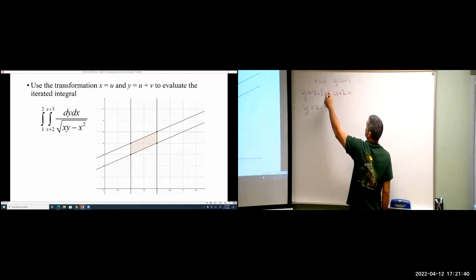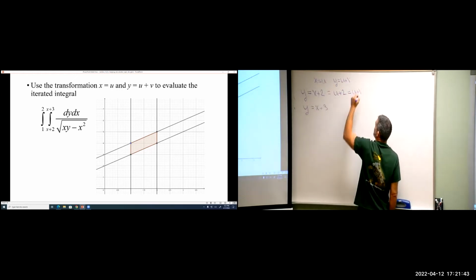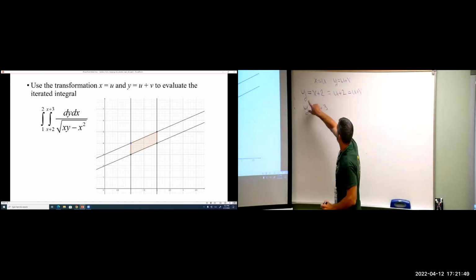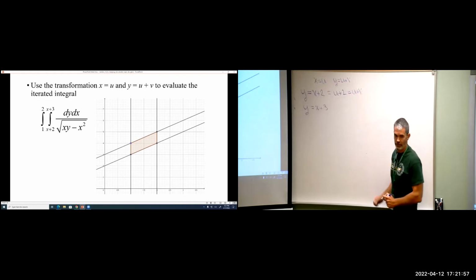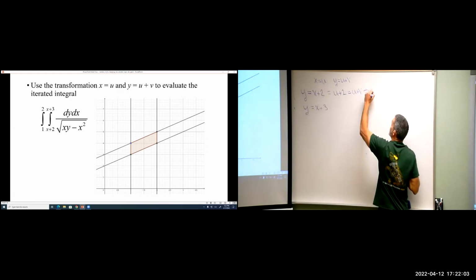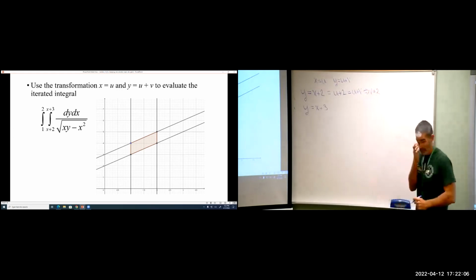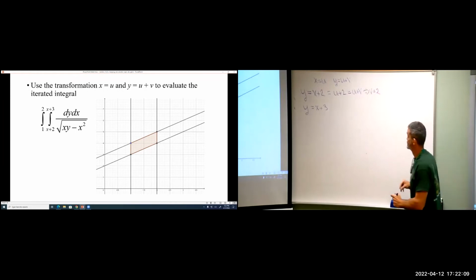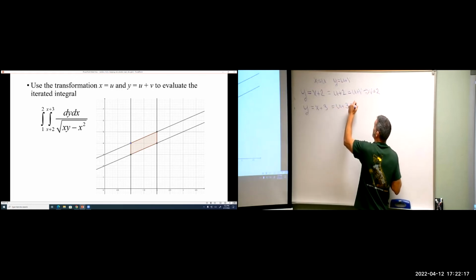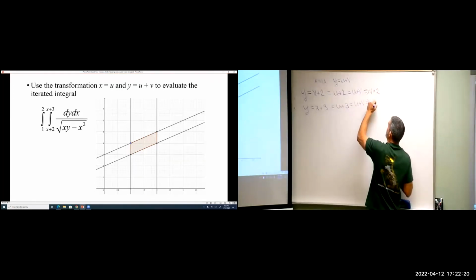So x plus 2 transforms into u plus 2, and instead of setting it equal to y, we set it equal to u plus v. That results in v being 2. Almost the exact same thing happens here: u plus 3 equals u plus v, and that leads to v equals 3.